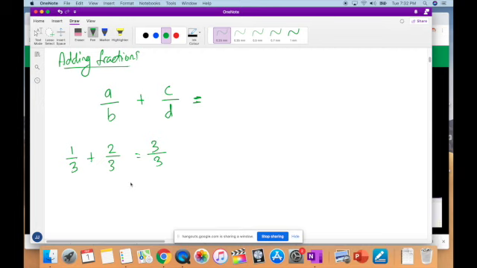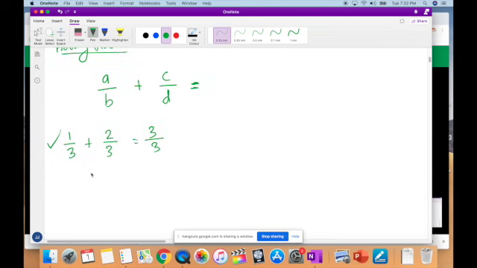So once they have the same denominator, you're good to go. But what if they don't have the same denominator? So watch, the generalization for the same denominator would look like this: A over B plus C over B.